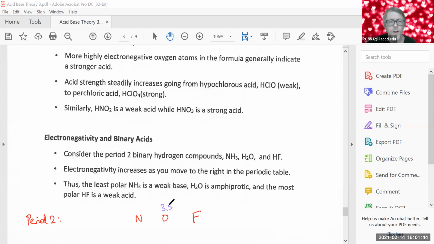O is 3.5 on the Pauling scale. We've got 4. We've got 3. So these are the electronegativity values. And they're roughly the same size. Let's assume that they are the same size.